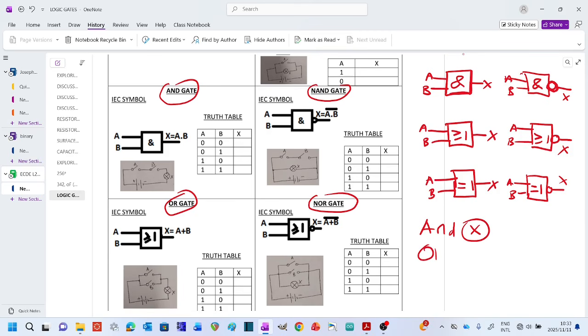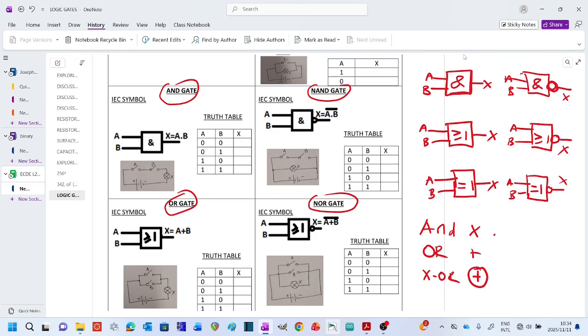OR means addition. Let me not circle it, because circling in digital electronics means a lot. So AND is actually a multiplication sign or a dot. Those are multiplication. OR is addition. XOR is plus circle. This is exclusive.